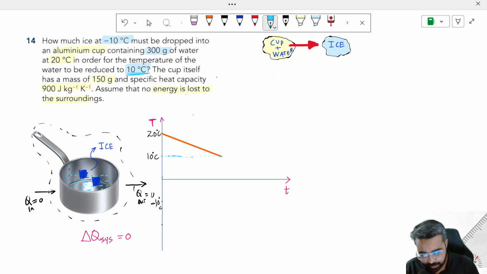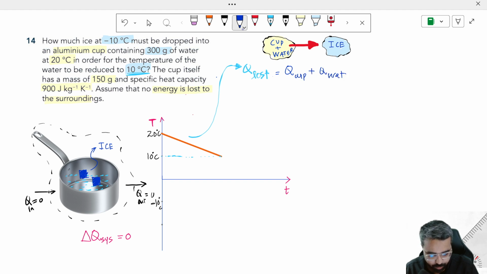But the question is how much heat energy will be released during this process. So now I'm going to make an equation for this. This is basically the Q loss, the heat that is lost and gained by the ice. So it is of course the heat of the cup plus the heat of the water. We know that the thermal energy is equal to mcΔT, unless it is a phase change.